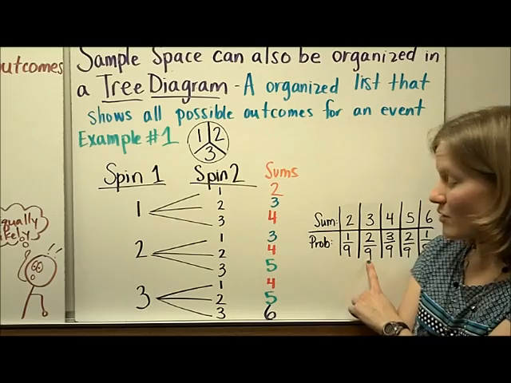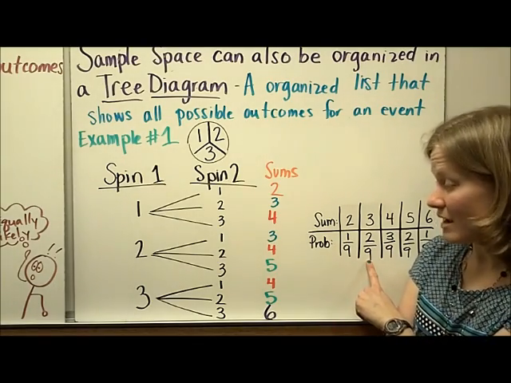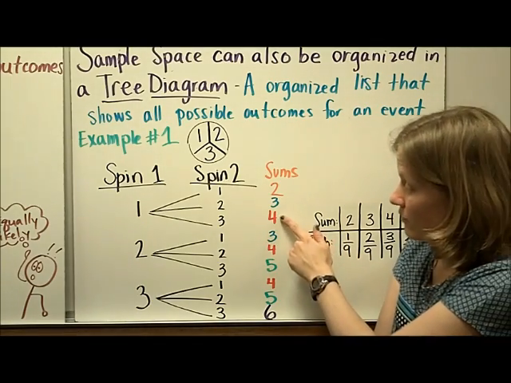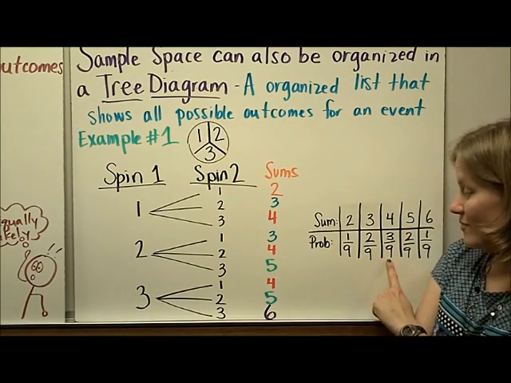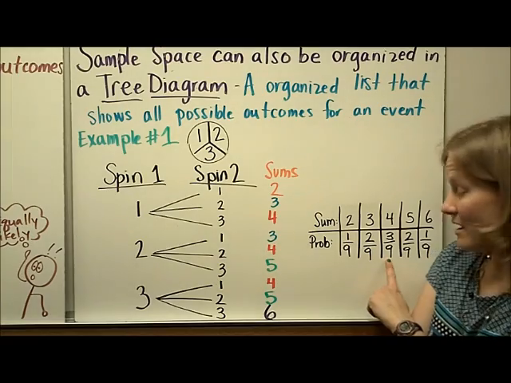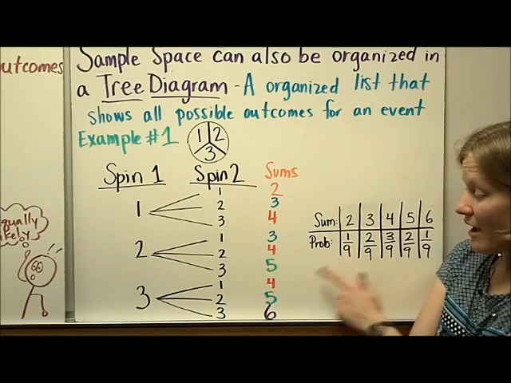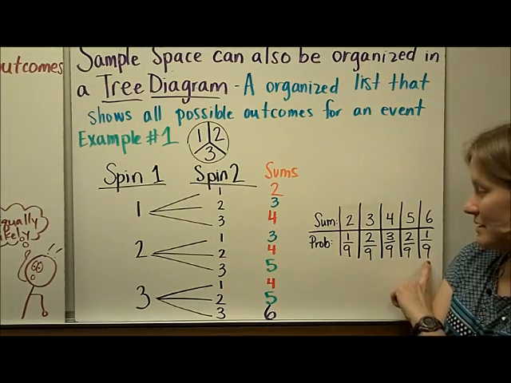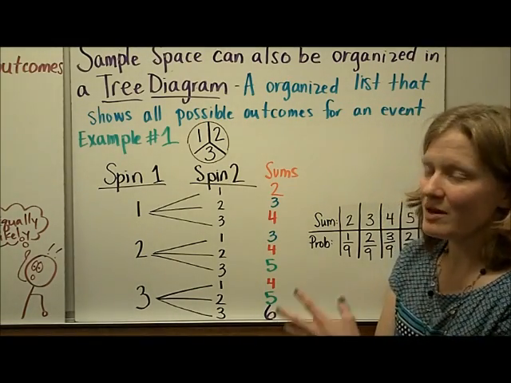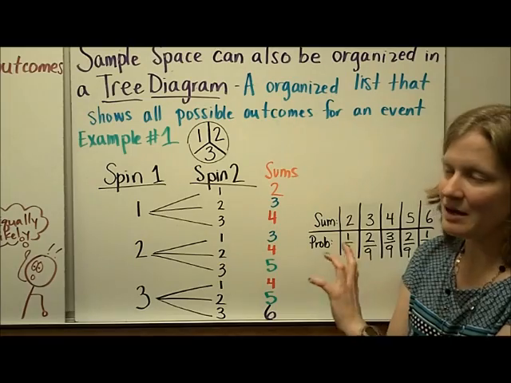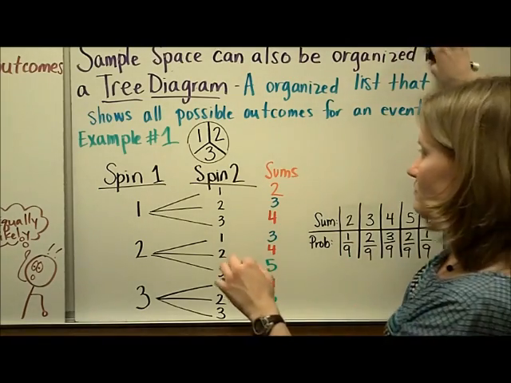So my probability of spinning a 3 is 2/9, or 2 out of 9. Looking for 4s, I see 3 combinations of 4. So my probability of spinning a 4 is 3 out of 9. And then there are 2 5s and only 1 6. So by creating a tree diagram, it would be easier for me to then figure out the probability of each of those sums.